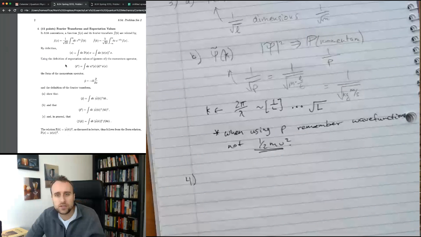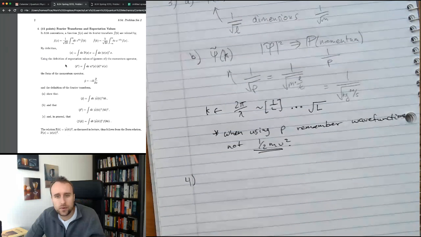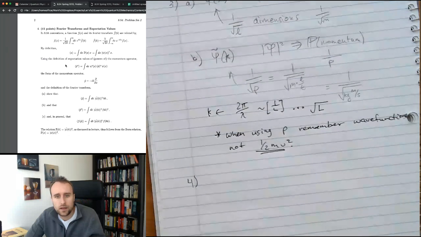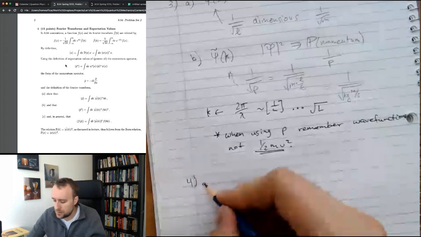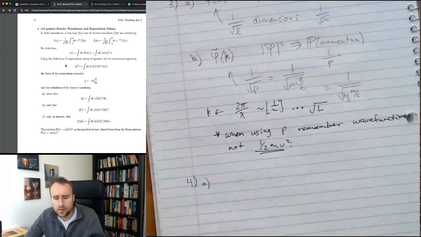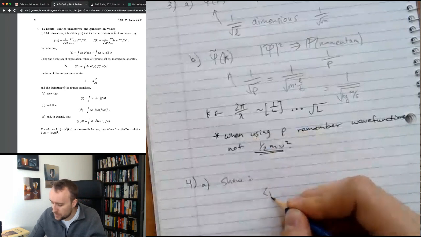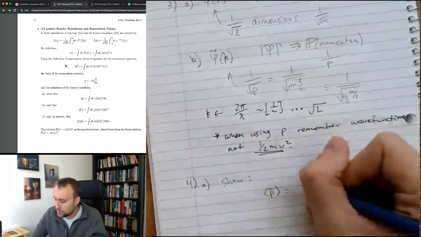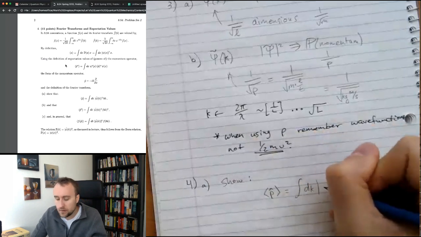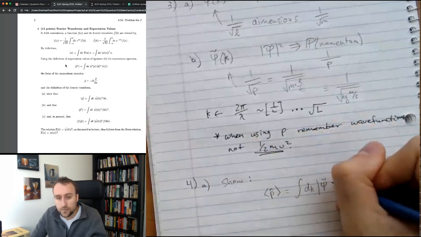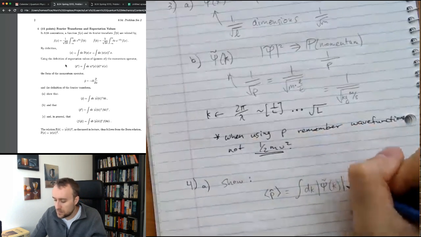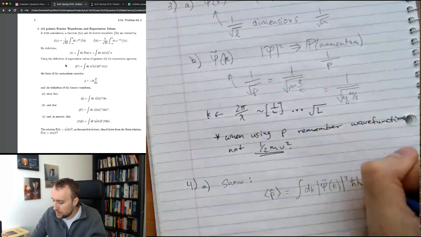Using the definition of expectation values of powers of the momentum operator, the form of the momentum operator, this, and the definition of the Fourier transform, show that, so what are we trying to show? Trying to show that this is equal to the integral dk norm squared of the Fourier transform.